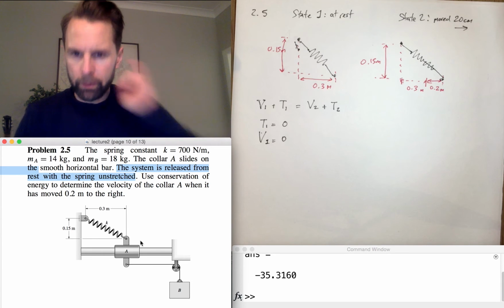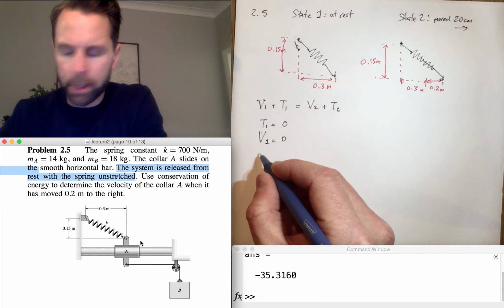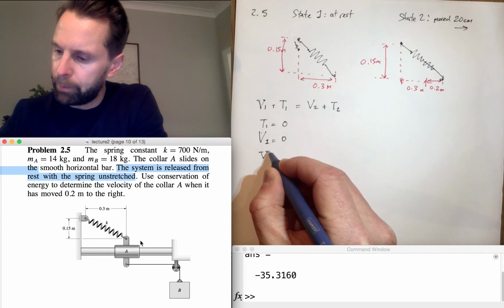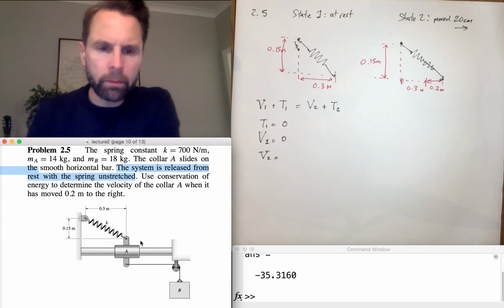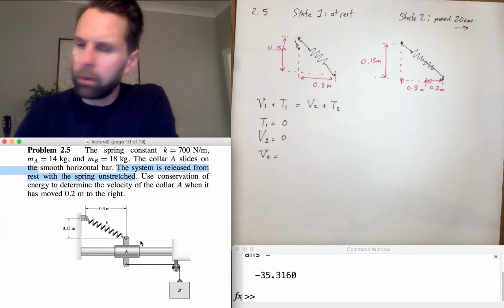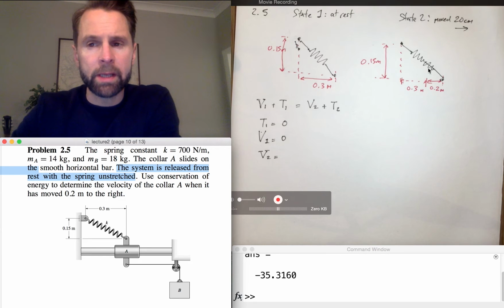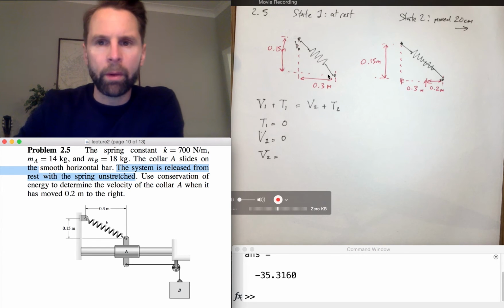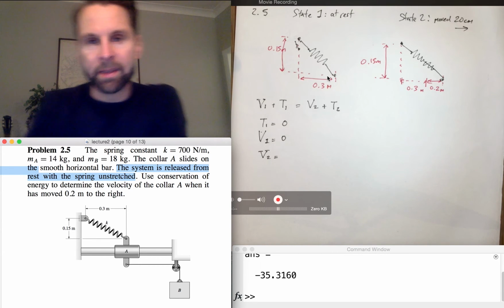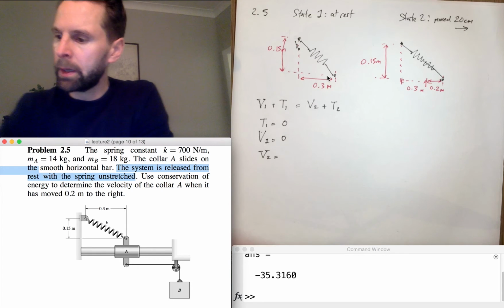Now we're going to evaluate the potential energy at position 2, and well, let's work out the potential energy in the spring because it's extended, and what we're going to do now is work out how much it's extended. It's got an amount of stretch.